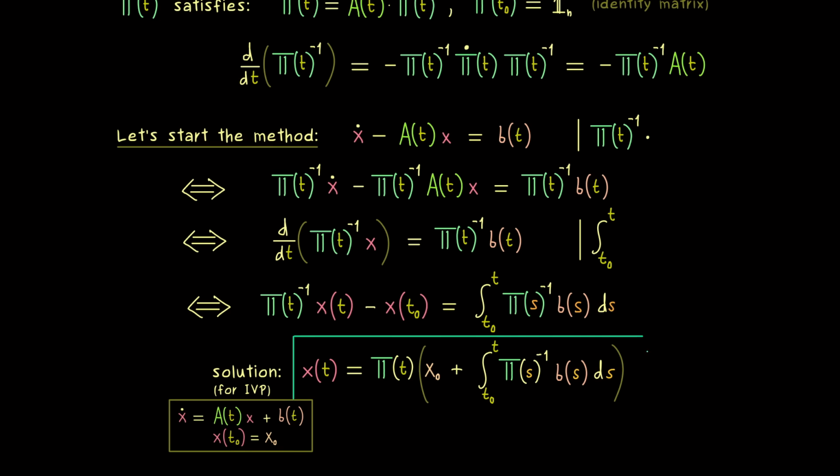In particular, this also holds in the important case that our homogeneous system is autonomous. And in that case, you already know that our principal matrix solution is just given by the matrix exponential. So also there, this formula helps you to find a particular solution of the inhomogeneous system.